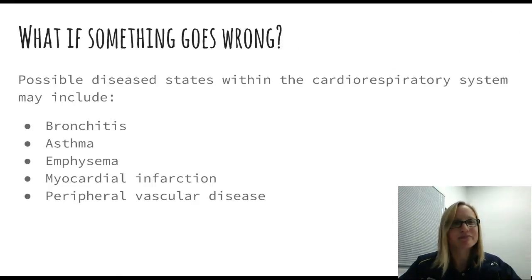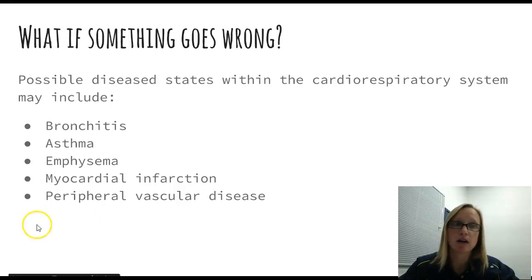So if something went wrong in these systems, and not always because of a pathogen, it might look like something like bronchitis. The suffix itis always means inflammation of, and if you've learnt about the respiratory system already, you will have learnt about the bronchial tree. So bronchitis is inflammation of the bronchial trees, or the bronchioles.